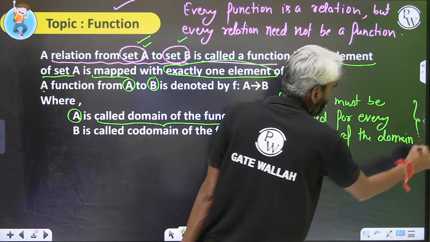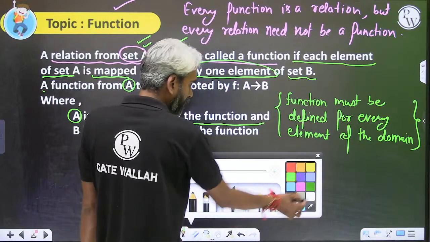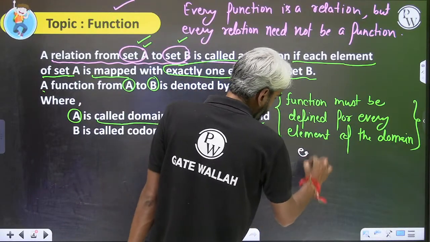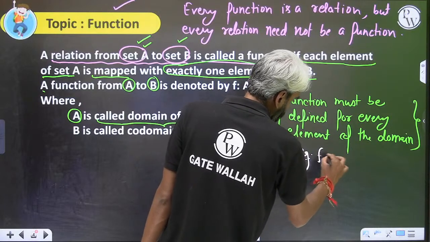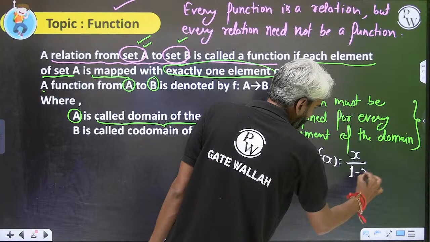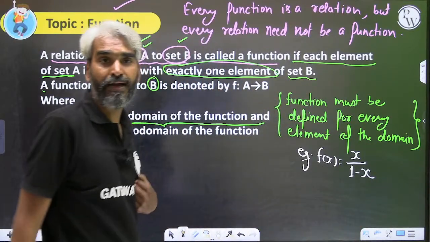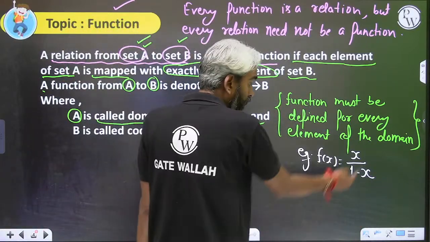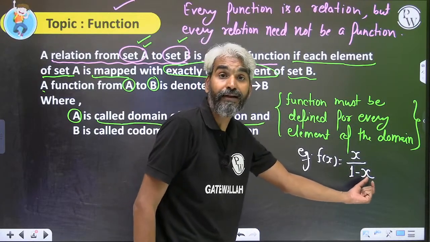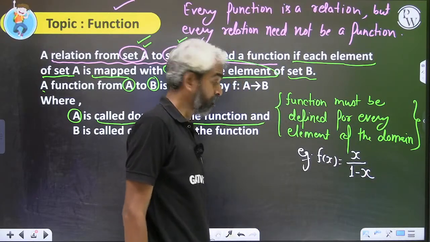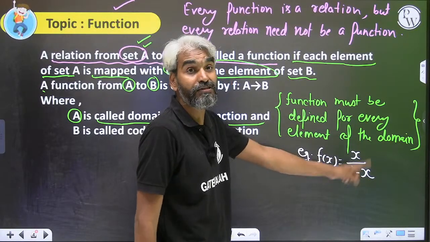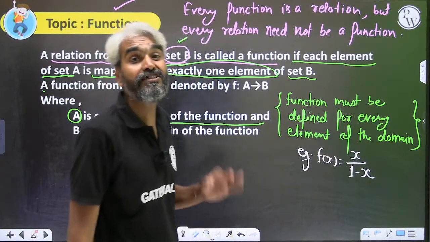If I simply give you an example, f(x) is nothing but x upon 1 minus x. If I look at this function f(x), then this function will not be defined at x equals 1, because if you put x equals 1, it will become 1 upon 1 minus 1, that is 1 upon 0, which is not defined.